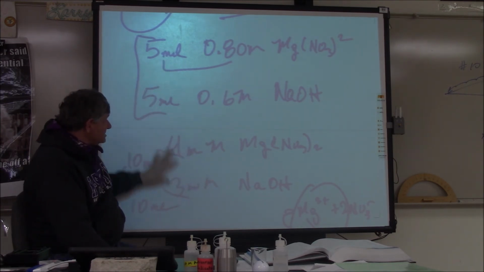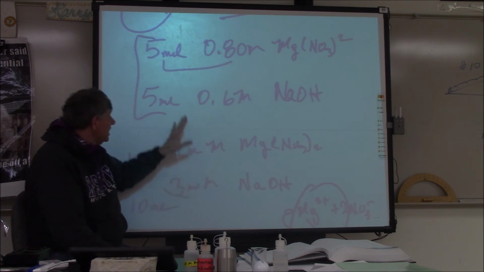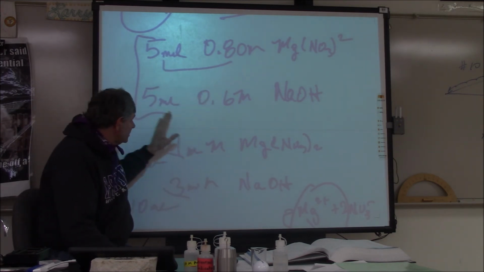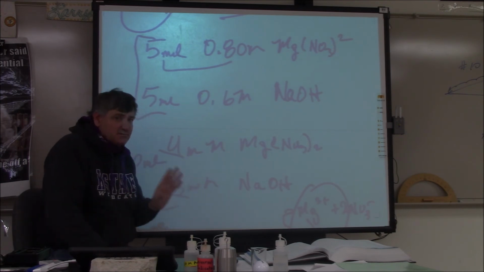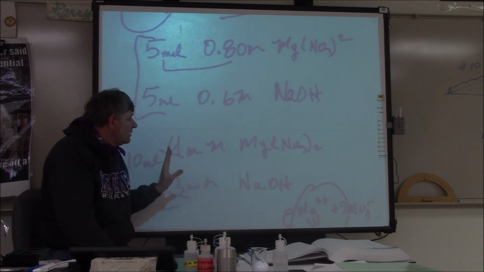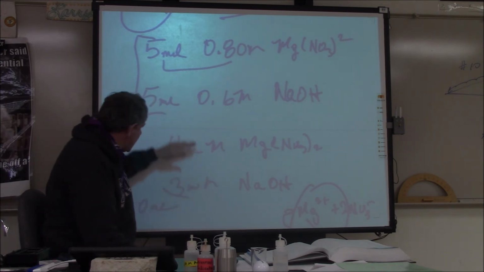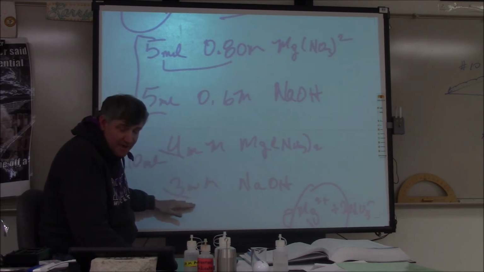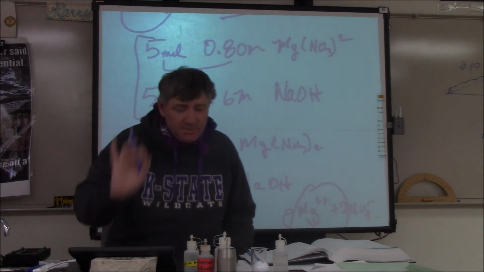This is the more correct way to do it every time. All you have to do is take the volume times the molarity, divide by the total volume. This always works. But if you want to shortcut it, you can only have the molarity be half as much when you have equal volumes. That's going to be huge.